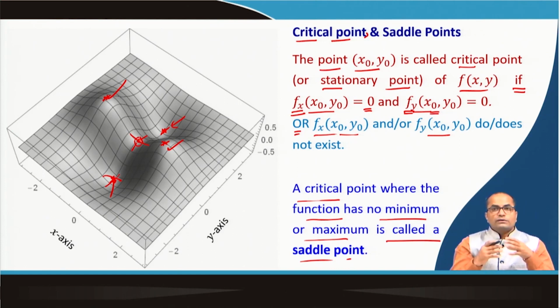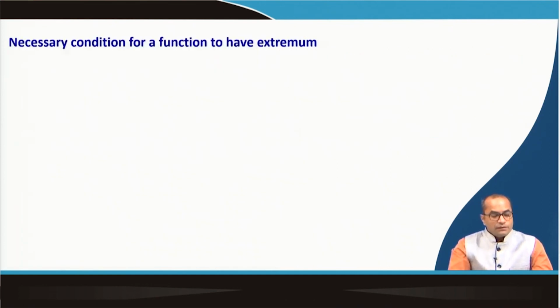So, such points are not a point of maximum or minimum, and these points will be called as saddle point. But here the discussion in this lecture is how to find these critical points, and in the next lecture we will learn how to identify whether a given critical point is a point of local maximum or it is a point of local minimum.